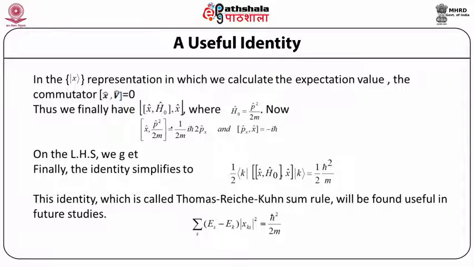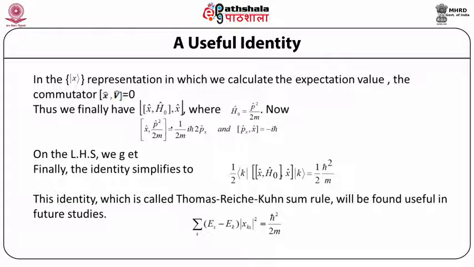Now, commutator of operator x and operator p square by 2m is equal to 1 by 2m times i ħ times 2 times operator p_x, and commutator of operator p_x with operator x is equal to minus i ħ. So substituting these results above, we get on the left hand side half bra vector k, commutator of operator x, operator H0 with operator x, ket vector k is equal to half ħ square by m.